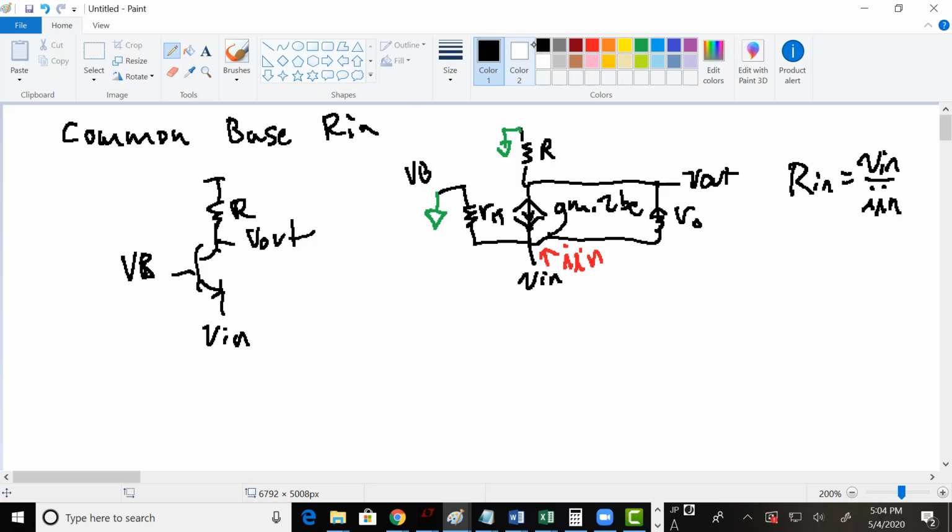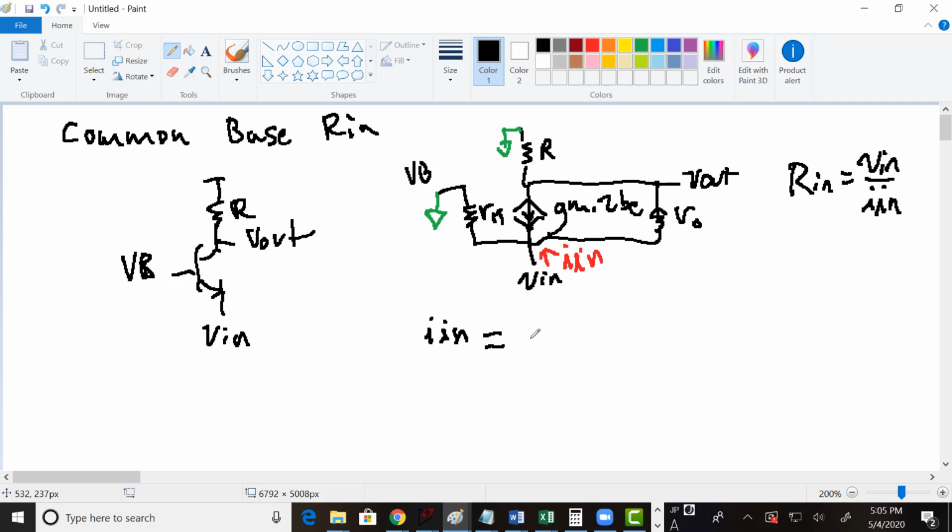Okay, since there's nothing to simplify, and it's really hard to see where the best place to start is, I always go to this equation and look for a current. So I see I in. And I in is this current right here, and so it's the sum of this current, and this current.